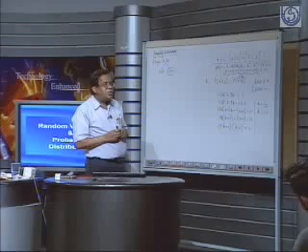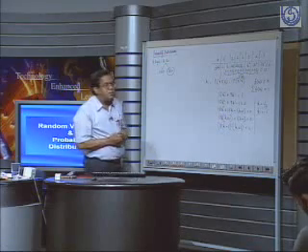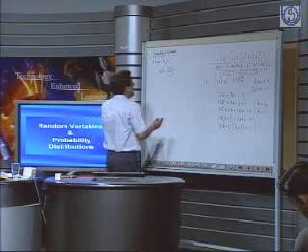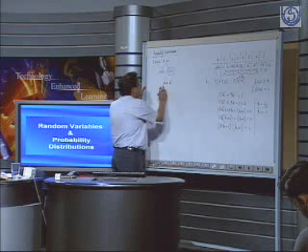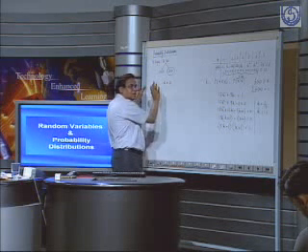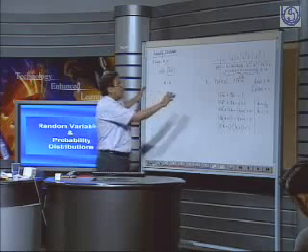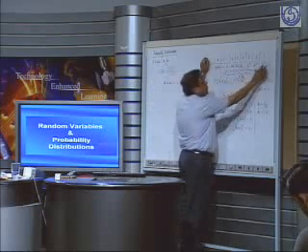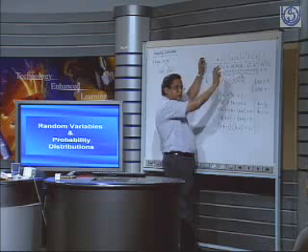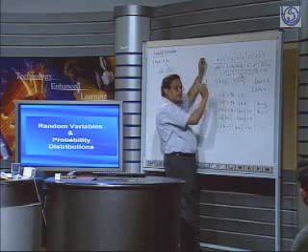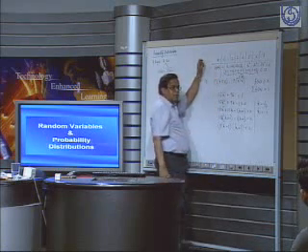An expression having 2 terms. That is binomial. Now the simplest binomial is this, where the 2 terms are of 1 degree. Like this, 7k square plus k is also a binomial. But if you have 2 terms each of 1 degree, that is the simplest binomial.